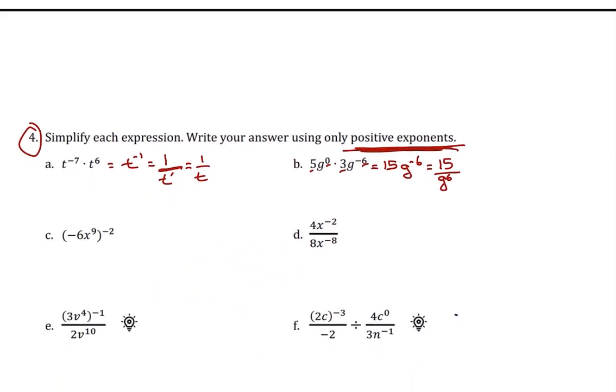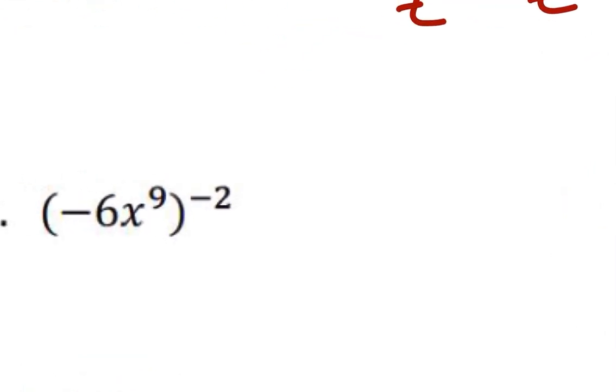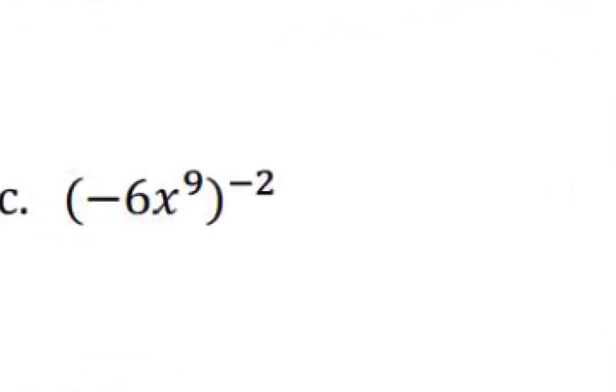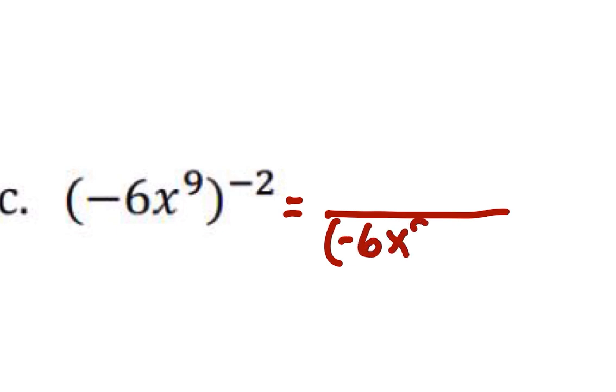Okay, so now I'm going to look at C. We're going to zoom in again. In this case, when I see that negative exponent, what I'm thinking is, why don't we take the entire quantity that's being raised to the negative exponent, which is -6 x to the 9th, and let's make it all raised to the +2, which we can do because I put it on the other side of the fraction line.